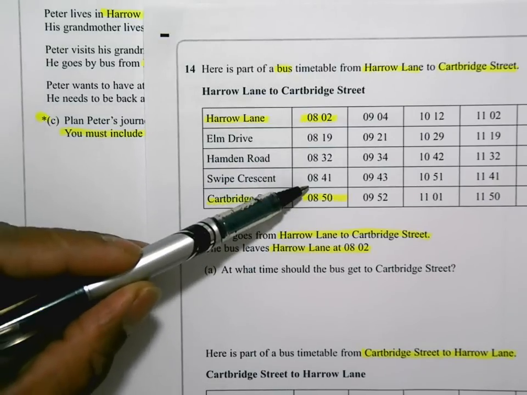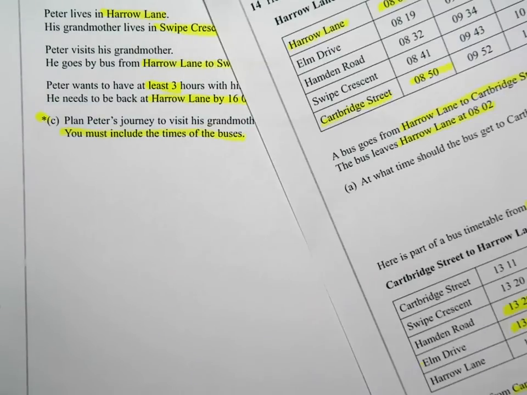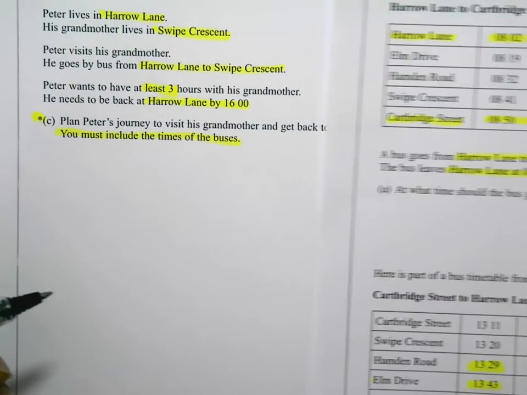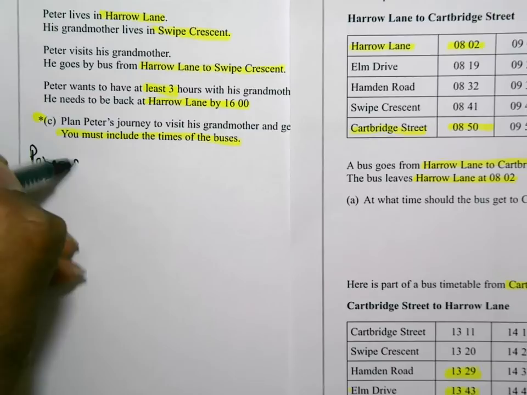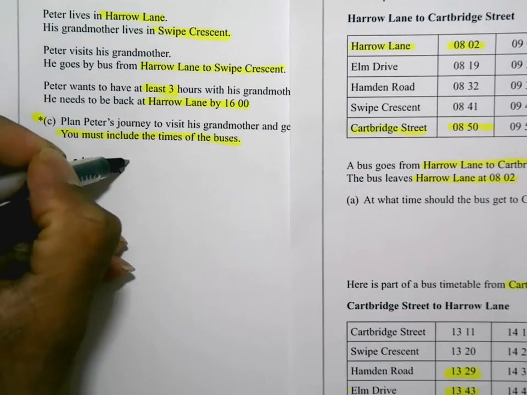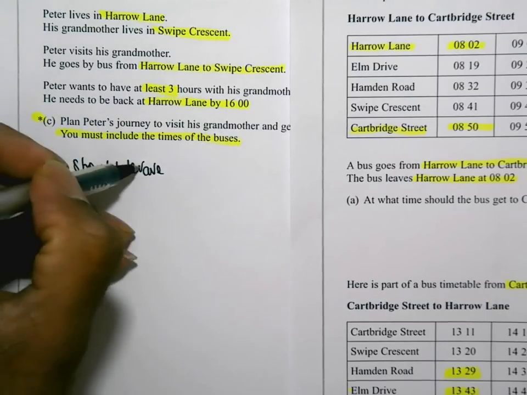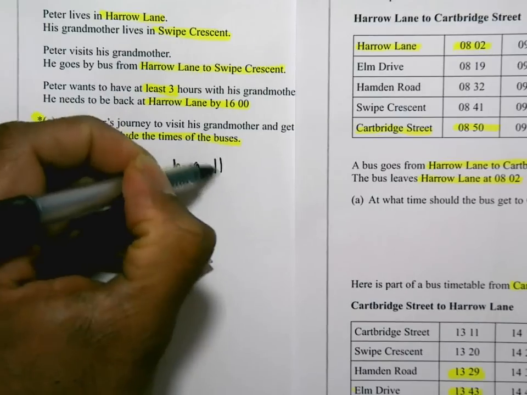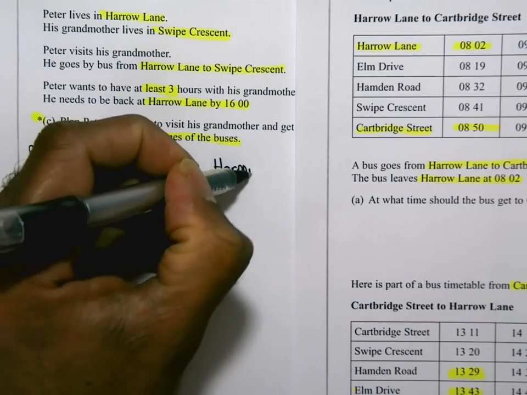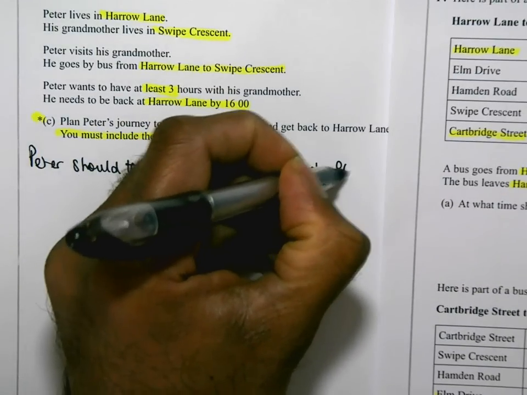He's going to arrive at Swipe Crescent at 8:41. So I'm going to write that down. So if I just leave this over here, so you could see that. Yep. So Peter should leave Harrow Lane at 08:02.